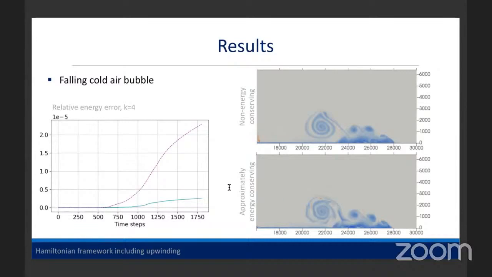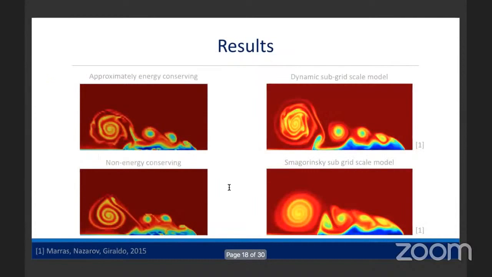And it turns out people have seen something similar in the literature, namely in the subgrid scale literature. There was one paper published in 2015 by Maras, Nazarov, and Giraldo, where they compare subgrid models. In this case, they're using a spectral element method.